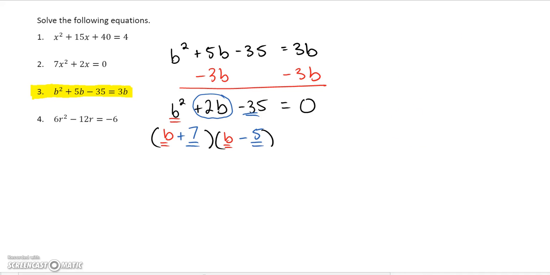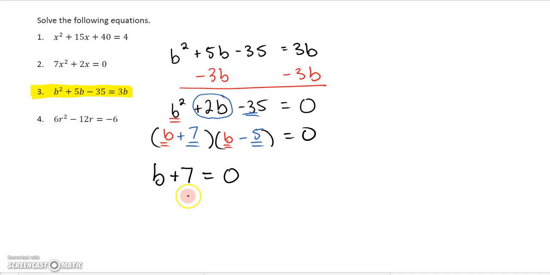So we know that the two factors multiplied together must equal 0. So what must be true? Either the first factor equals 0. 0 times anything is 0. So if the first factor equaled 0, what would b have to be to make this factor 0?